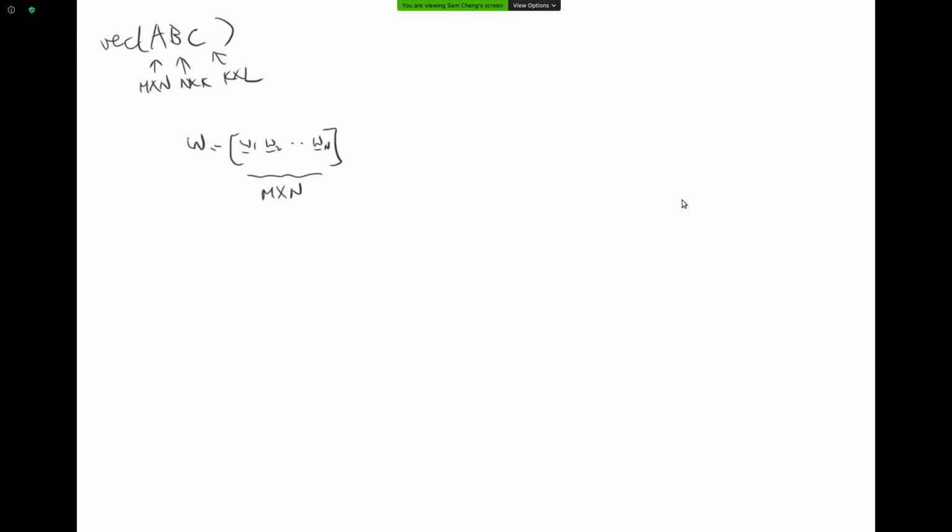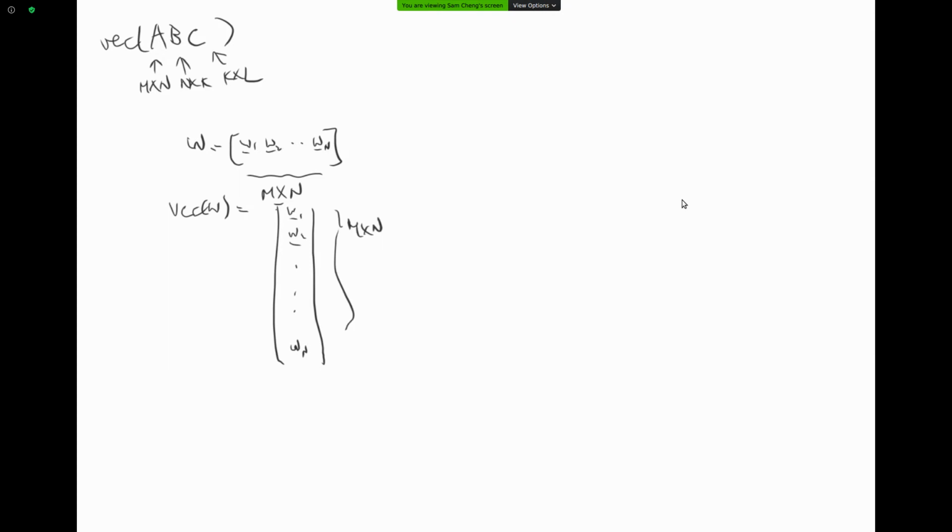Then the vectorization of W is just stacking all these vectors into one very long column vector: W1, W2, and so on up to Wn. So instead of an n by n matrix, it becomes a column vector of length n by n.